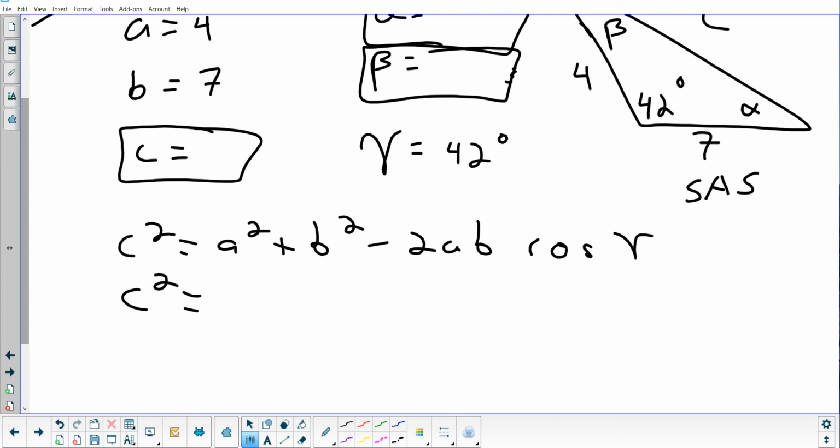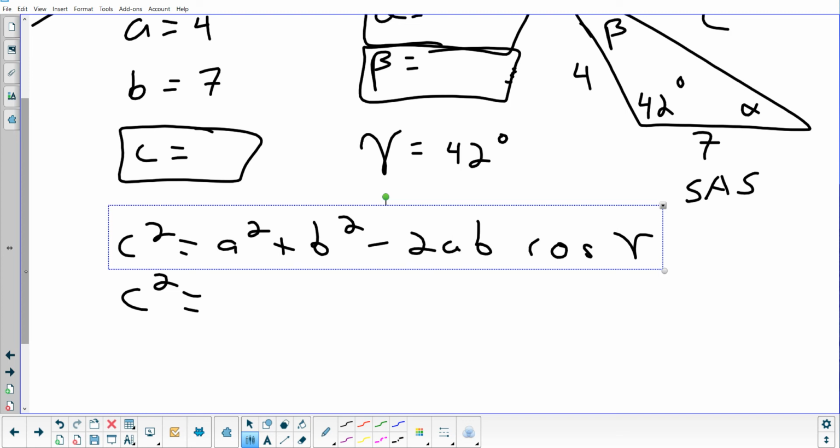Okay. I don't know C. What's A squared in this case? Francesca? 4 to the second. Yep, and that would come out to 16. What's b to the second come out to? 49.